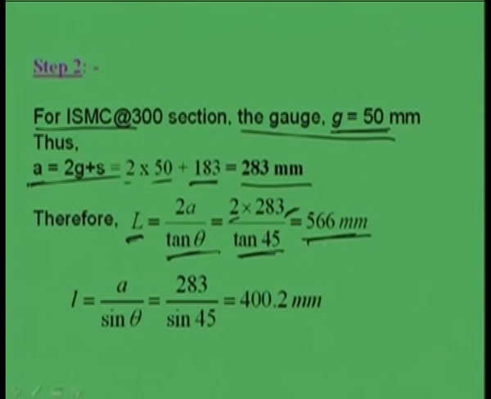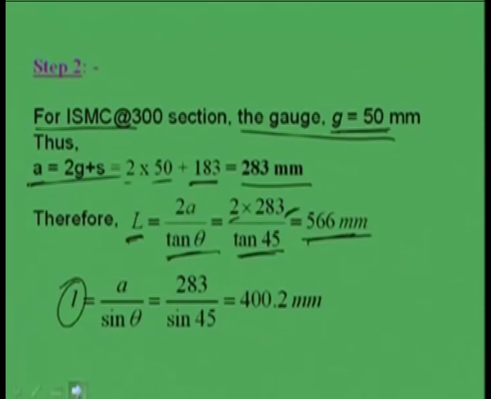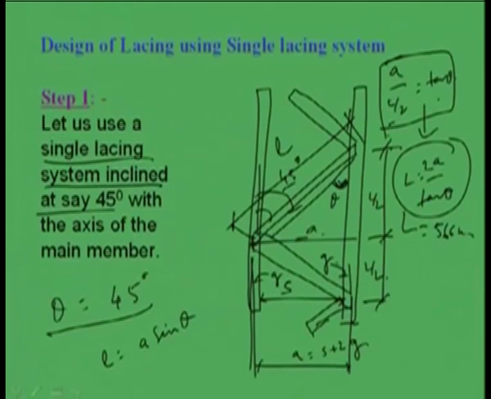Right. So, again the length of the lacing. What will be the length of the lacing? Length means which one? From this to this is the length, right. If this is theta, then this is A and this is L. So, A is equal to L sin theta.